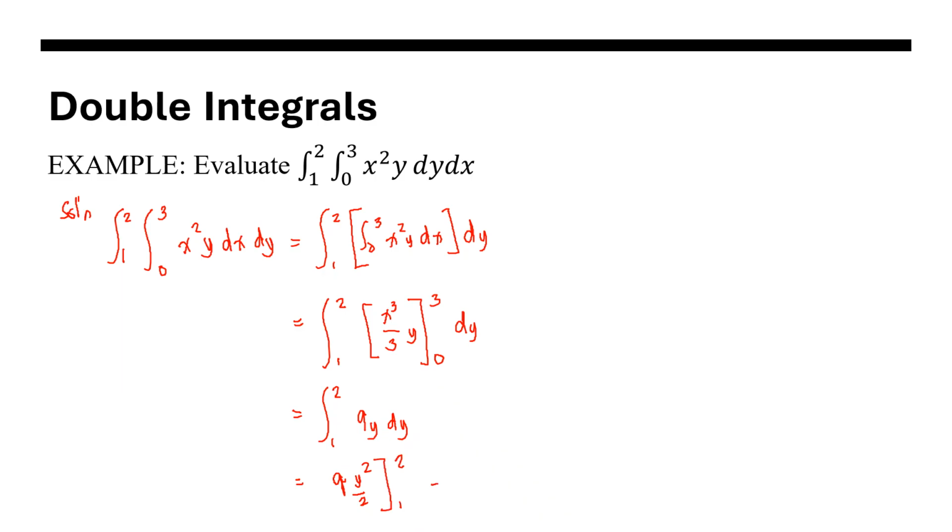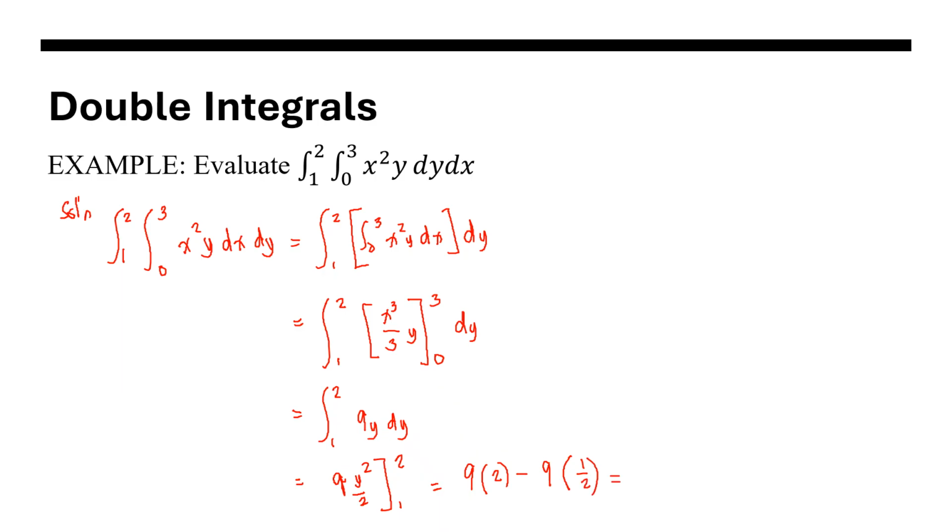So that would be equal to 9 times 4 over 2, that's 2, minus 9 times 1 half.